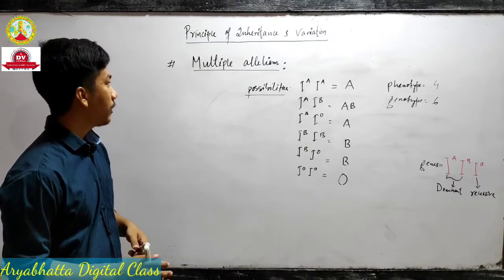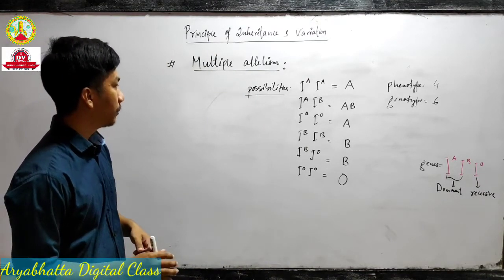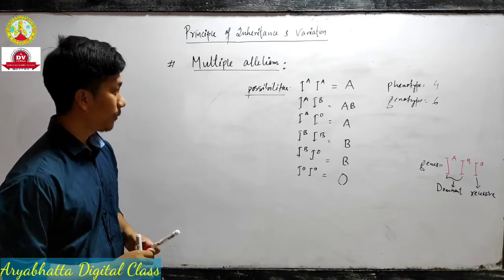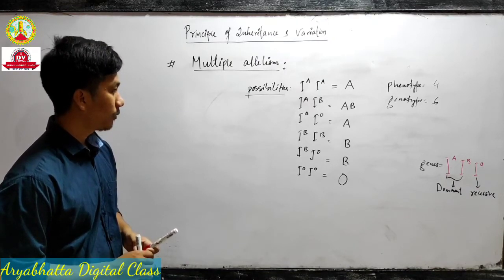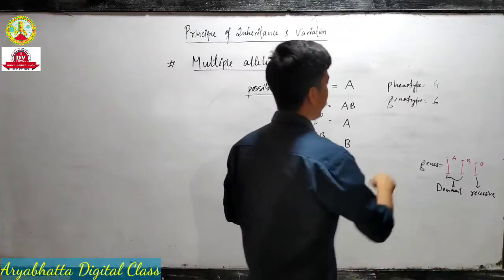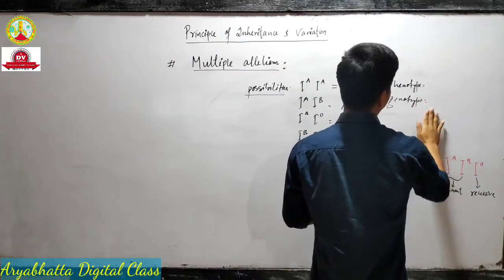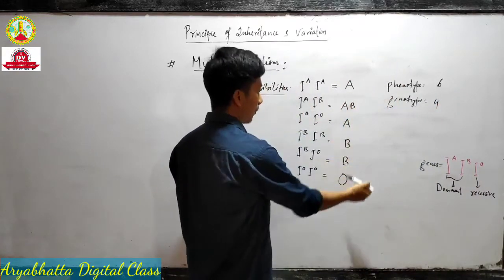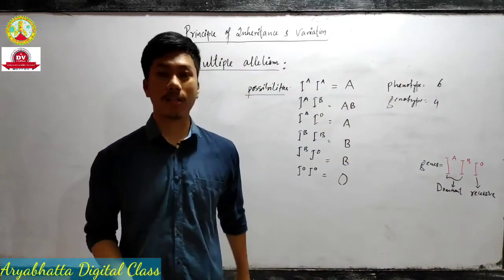So this is known as multiple allelism. Phenotype is the external appearance.